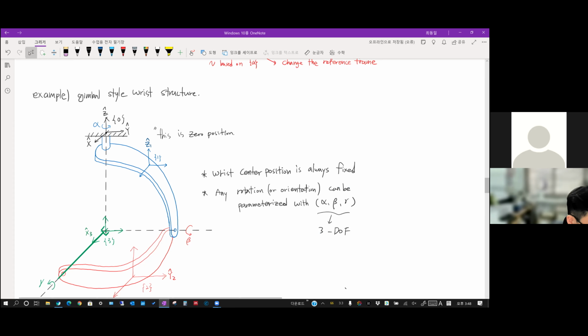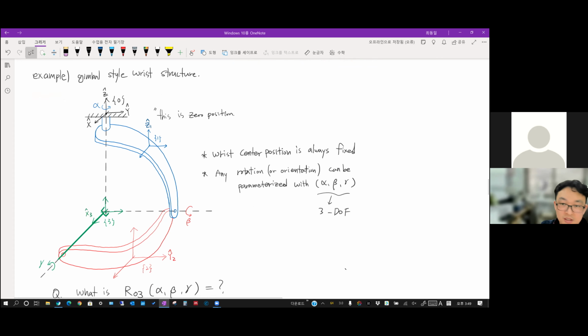So let's think about these examples. This is a gimbal style wrist structure. The wrist is this one, and the wrist has 3 degrees of freedom. So we can rotate like this, and like this, and like this. So it has 3 degrees of freedom, and it can be modeled by this kind of gimbal. And the gimbal has these 3 links here, here, here.